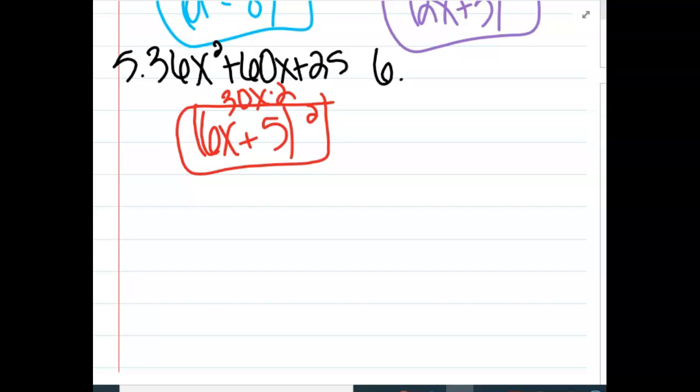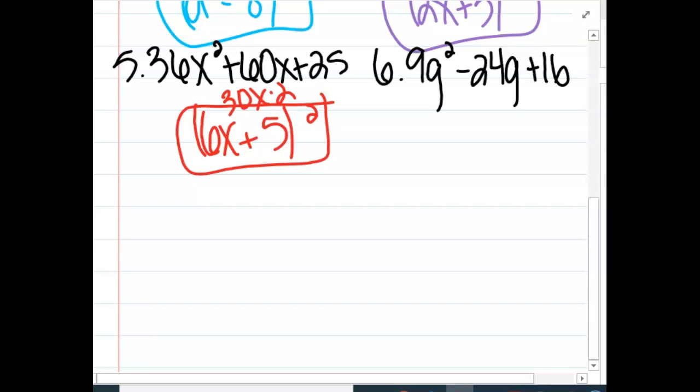Okay, number 6. Let's do 9g squared minus 24g plus 16. All right, so we check for greatest common factor. Don't have anything in common. When I count the terms, I have 3 terms. If you have 3 terms, you want to see if there's a square in front and a square in back.